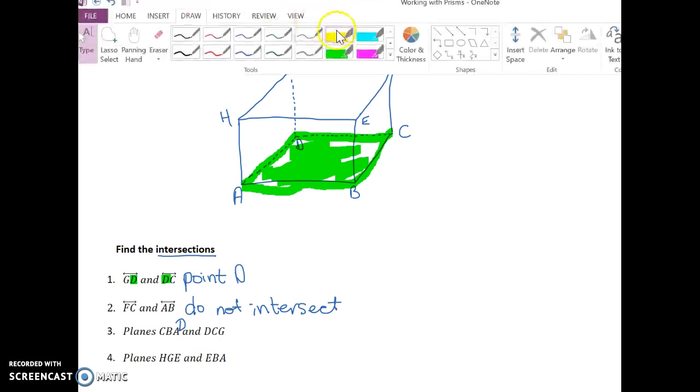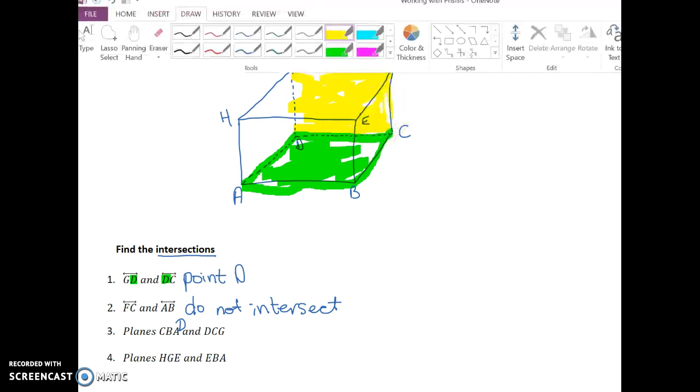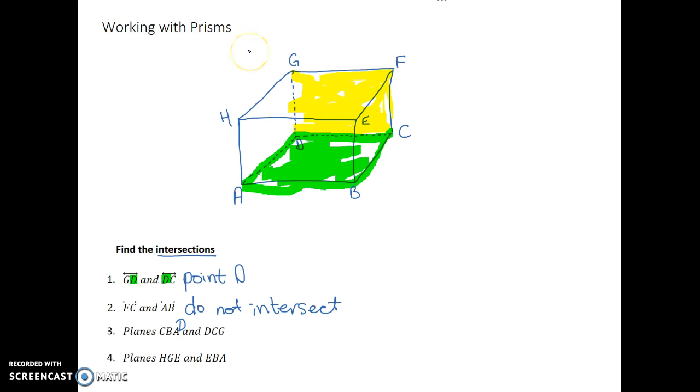All right, now I'm going to do my other color, and let's do D to C to G. Now I go across, but really it's this whole plane here. And so the other point that's on that plane that I haven't written yet is F. Now I'm looking where the two colors meet, and the two colors meet right there.